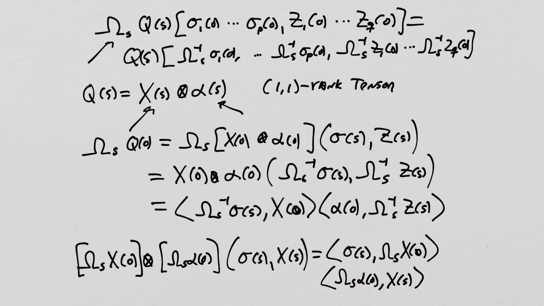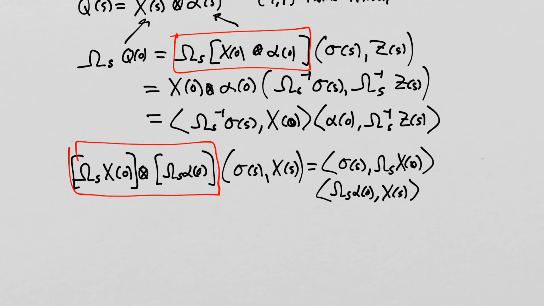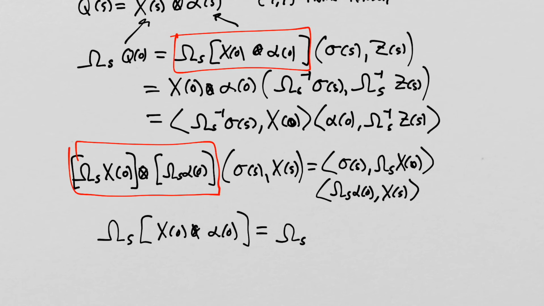And the point of that is that this operation is equal to this operation, and the lesson there, I guess I should just rewrite it, is that the parallel transport of a tensor equals the tensor of the parallel transported components of the tensor, or pieces of the tensor.